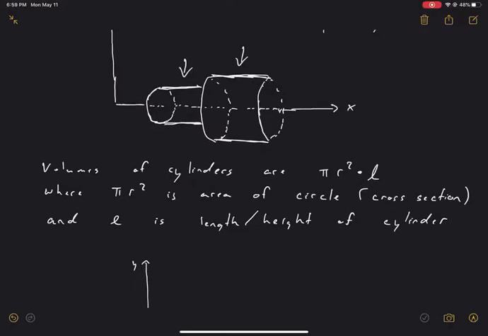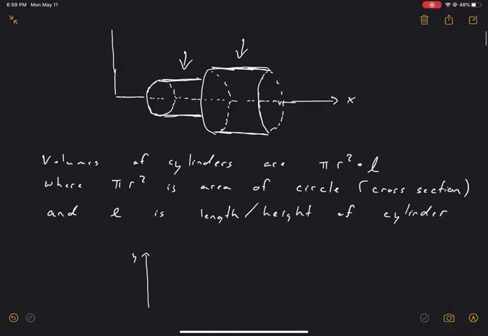Well, the volume of a cylinder is pi r squared times L, where pi r squared is the area of these cross sections. If I take a slice of this cylinder, that would give me a circle, right? And the area of that circle would be pi r squared, where r is the radius.